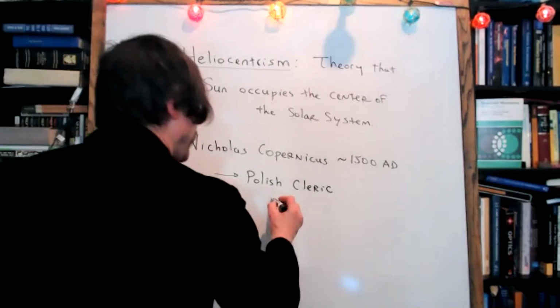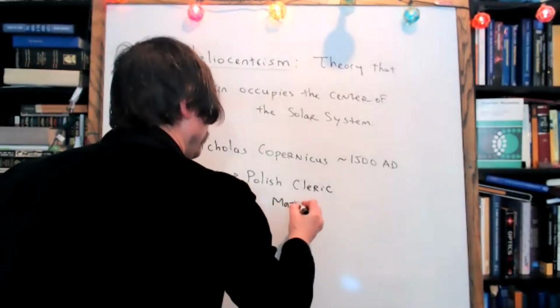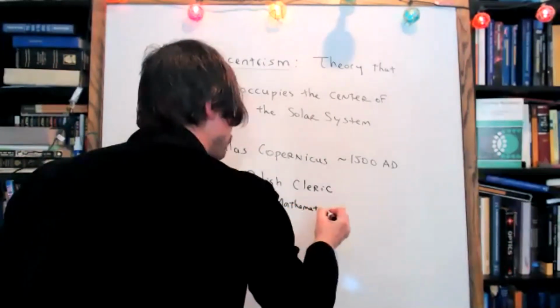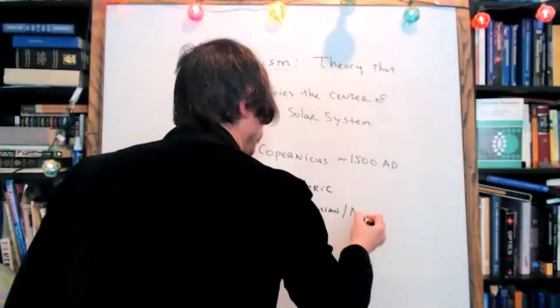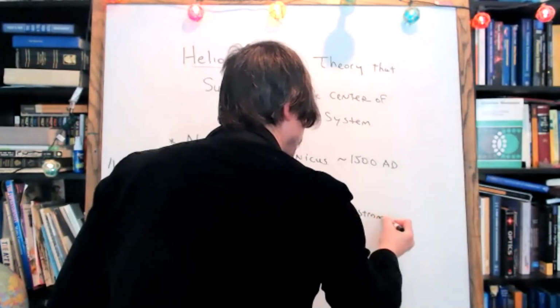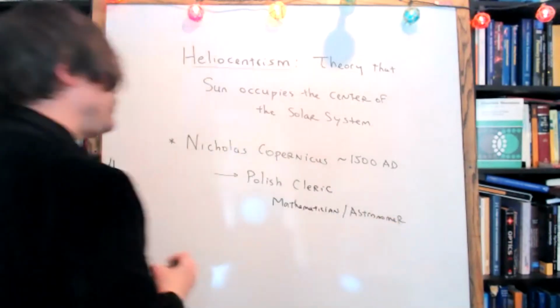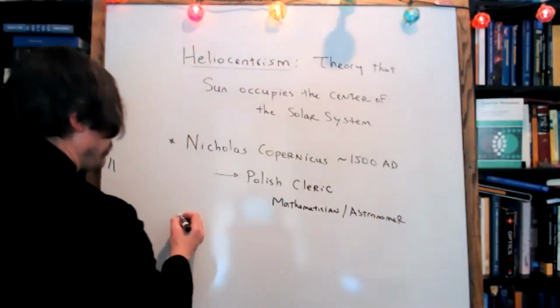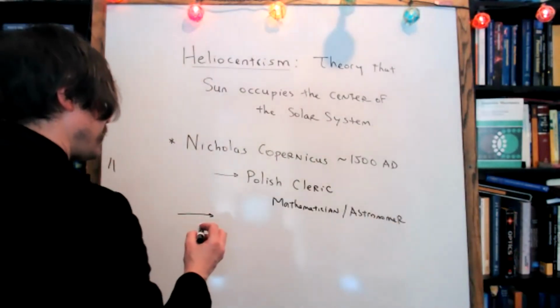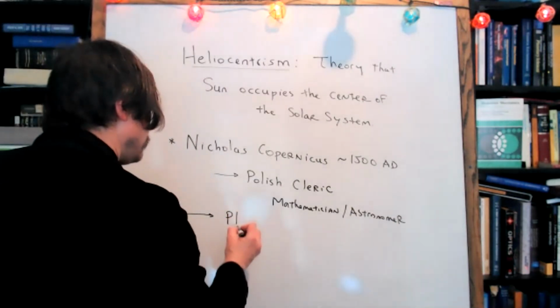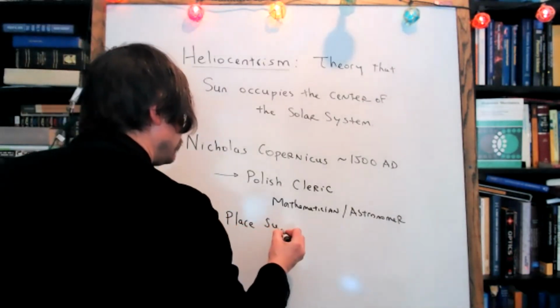And he was also a polymath. He was a mathematician, obviously an astronomer. And his most important contribution to astronomy was to place the sun at the center of the solar system.